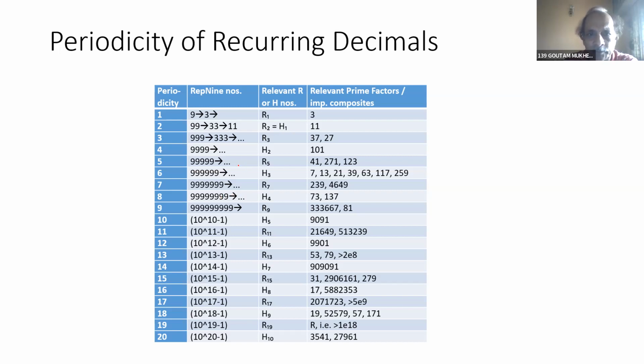It may be divisible sometimes, but something below it also is divisible. For example, triple 9 is divisible by 37. Six numbers of 9s also will be divisible, but periodicity of 37 will remain 3 because we have to consider the minimum. This table we went up to 50, but I displayed only up to 20 here.